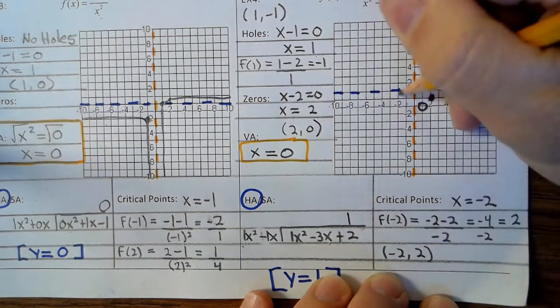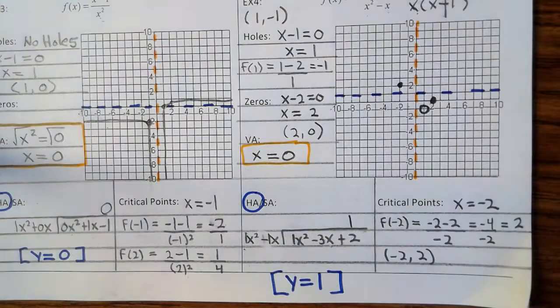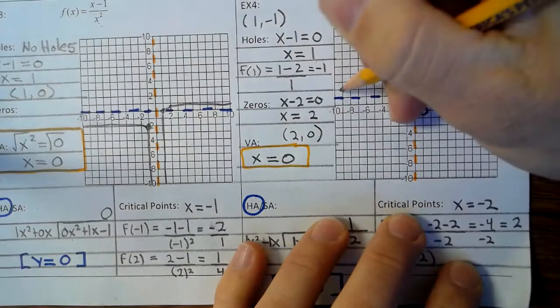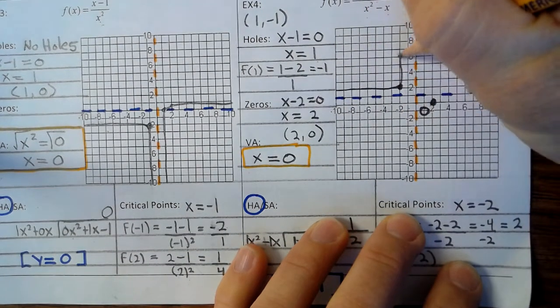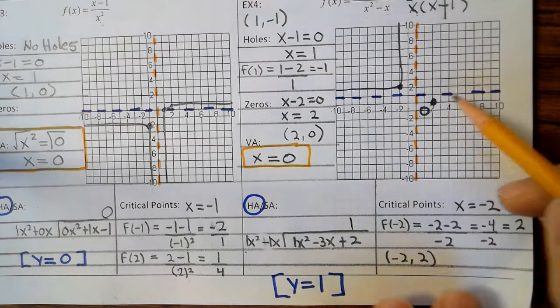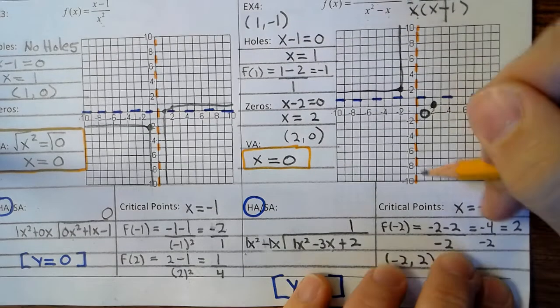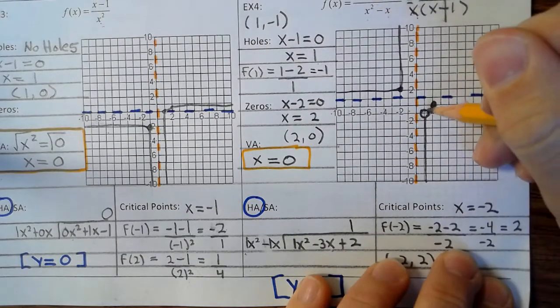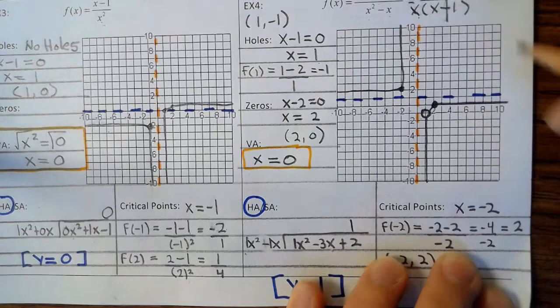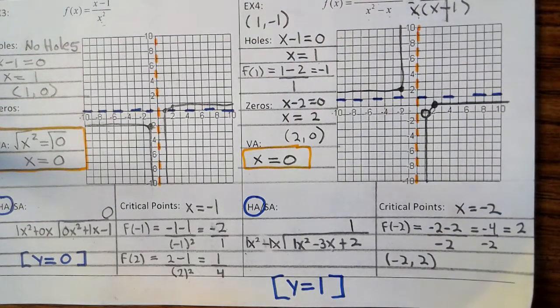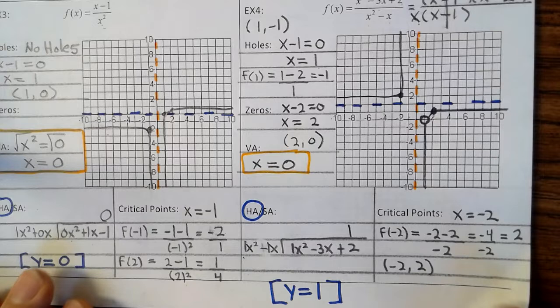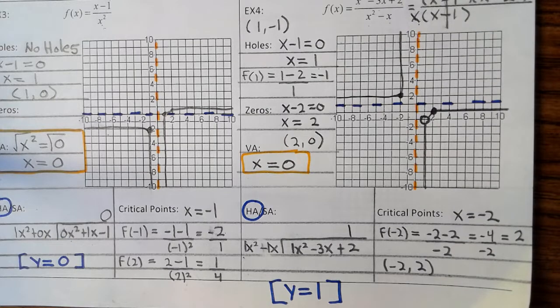So negative 2, 2 tells us that our curve is above the asymptote. And then we can use these as critical points because it tells us our curve is here. Okay, so go ahead and finish up example 4 and start working on your assignment, and have a wonderful Wildcat day.